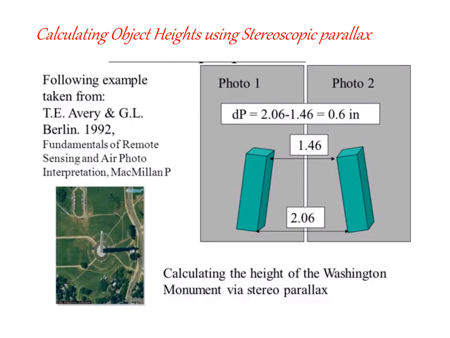One more thing: you can see photographs taken for measuring the height of the monument in Washington. How can this be calculated? Photo 1 and photo 2 are to be considered, and in the same figure, if we want to calculate the bottom and the top, the difference between these two will give the height.